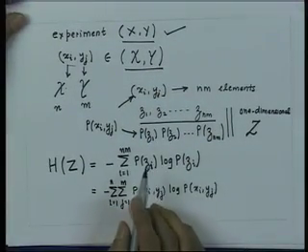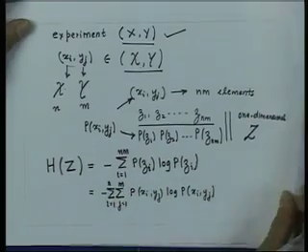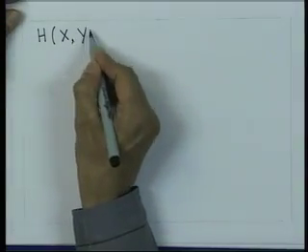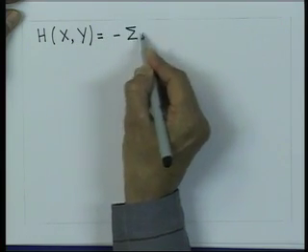So, I can use this argument to define my information measure for joint event x y.